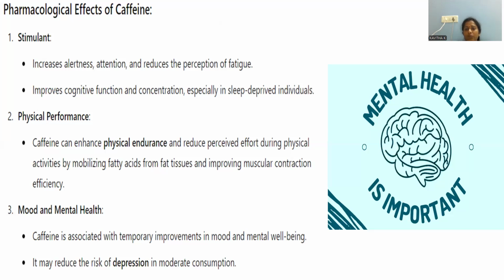Whenever our muscles are moving according to our will, we work in a spontaneous manner. Caffeine improves this kind of muscular functioning. This is called physical performance, so that the person will be active mentally and physically as well.